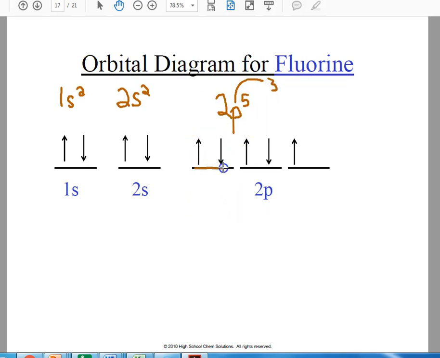So that's why you see 3 orbitals drawn here in the diagram for 2p. 3 orbitals, 5 electrons. So we would put 1 in each, 1, 2, 3, before we come back and double 4 and 5. Okay, so that is how we make orbital diagrams. That's what you see here.